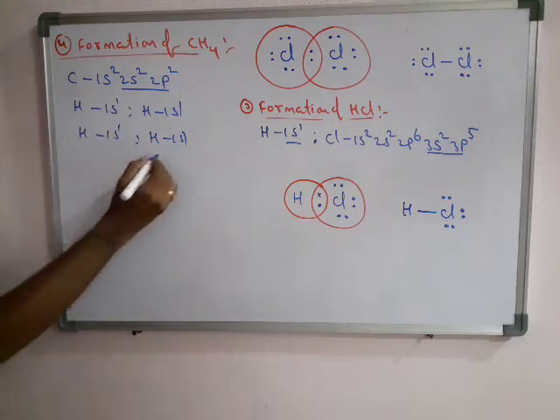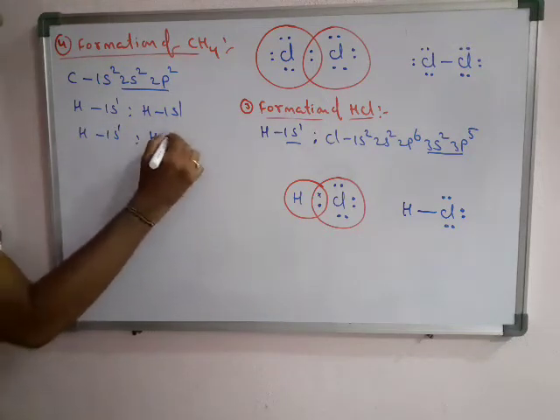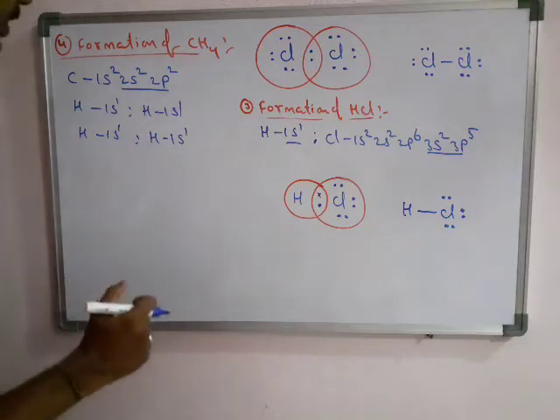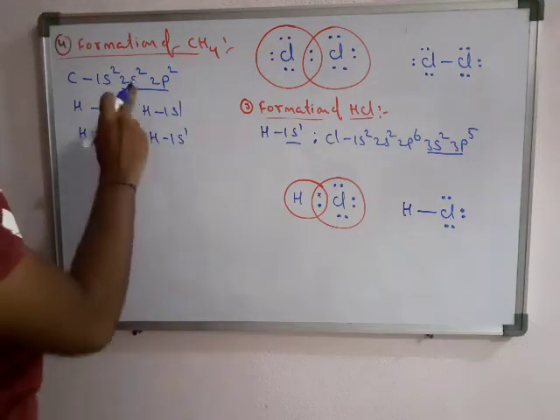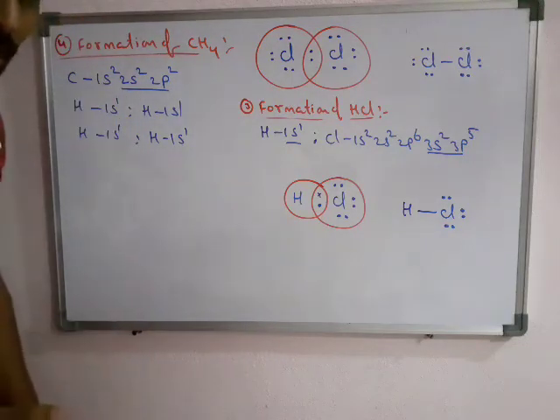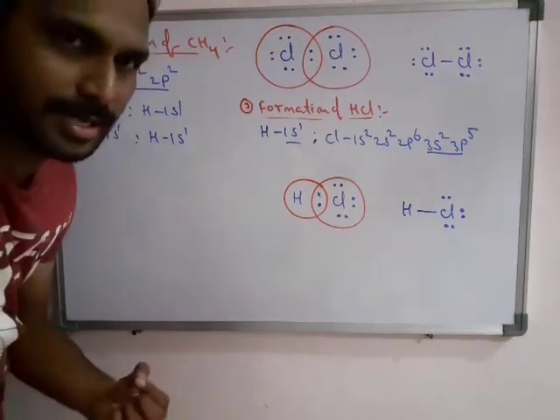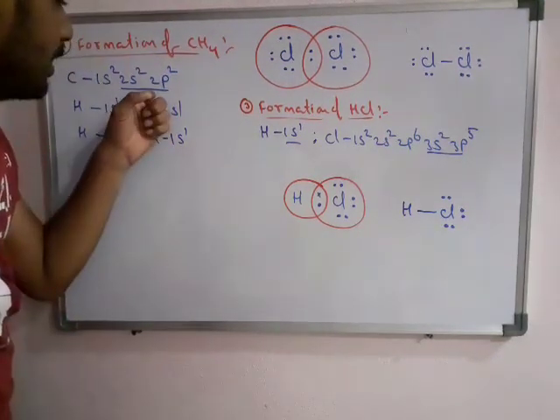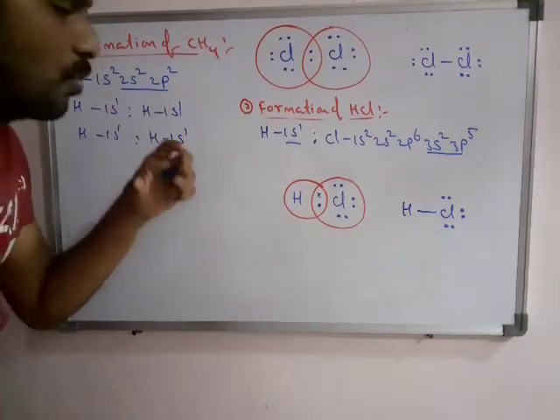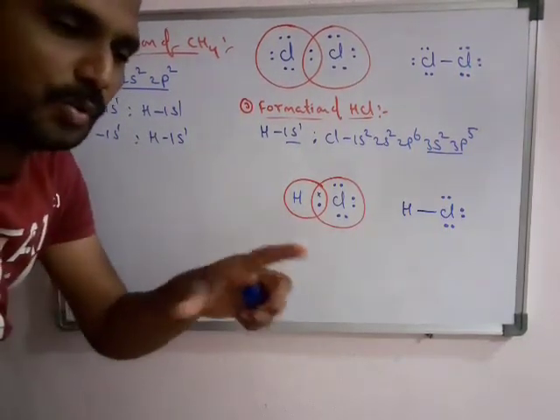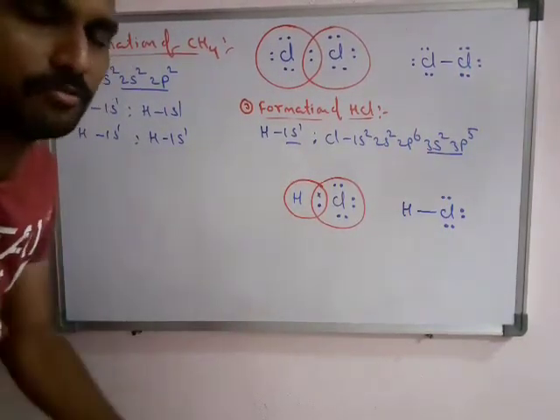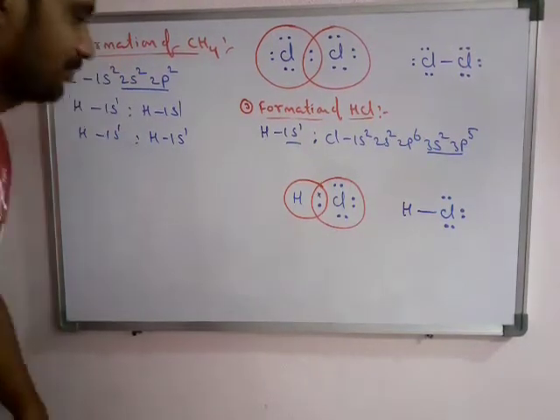Now these 4 hydrogens need one electron each, but this carbon needs 4 electrons. By mutual understanding, the carbon shares its 4 electrons with 4 different hydrogen atoms.